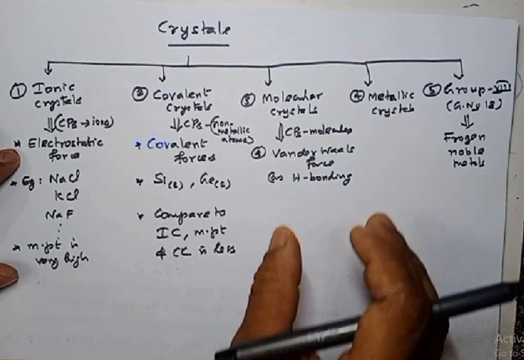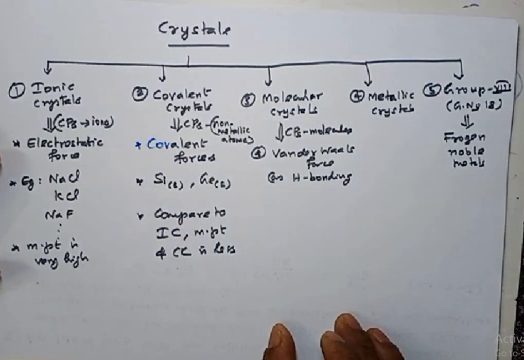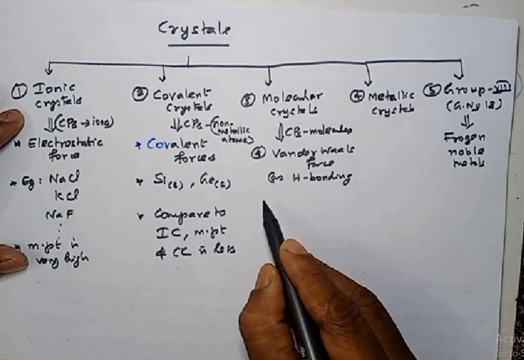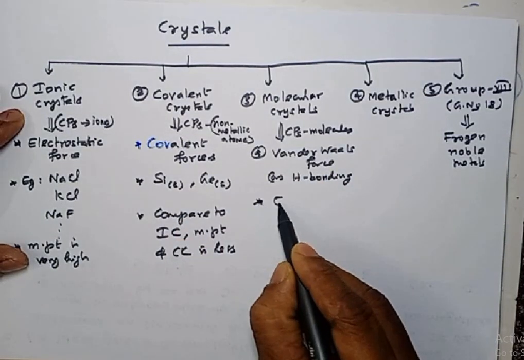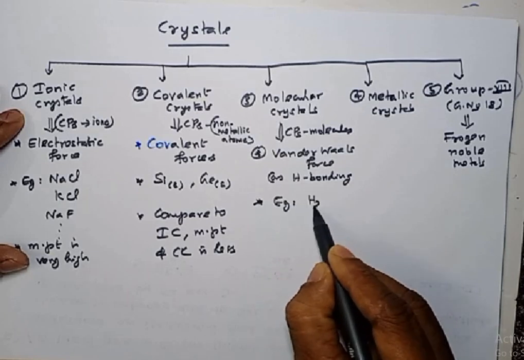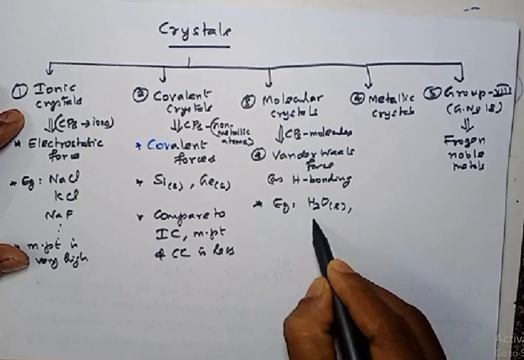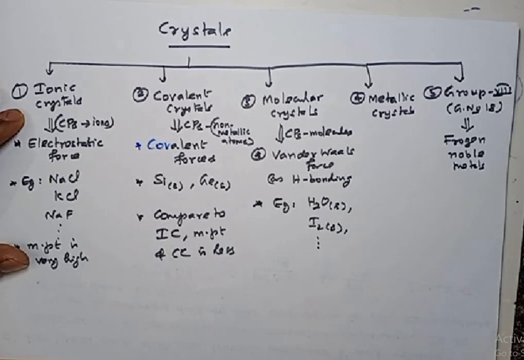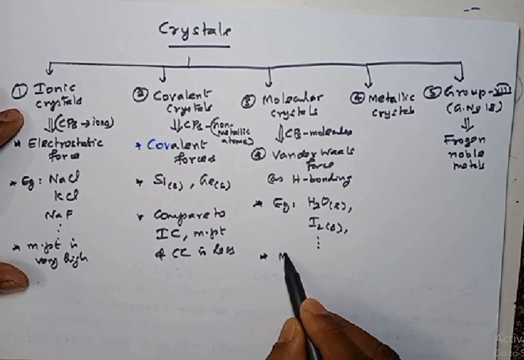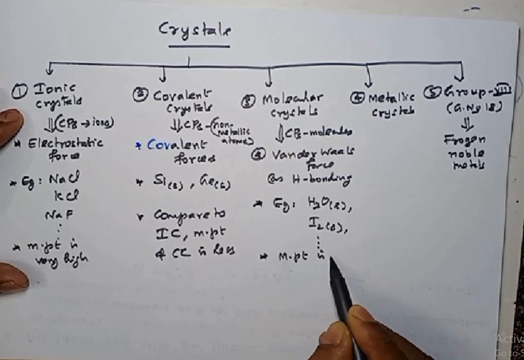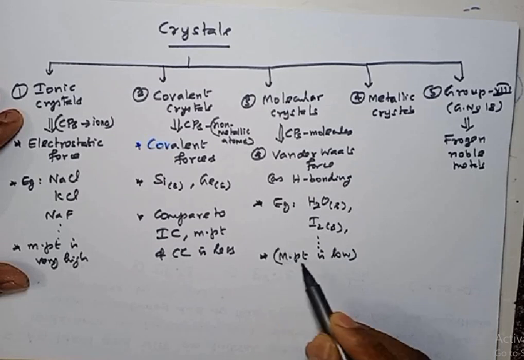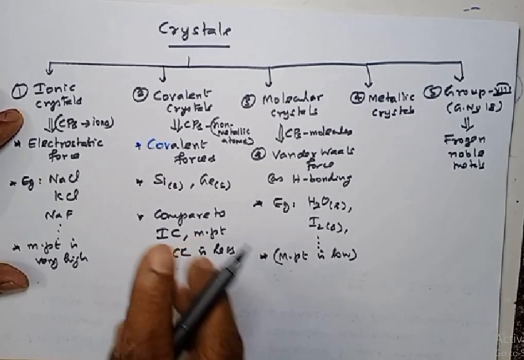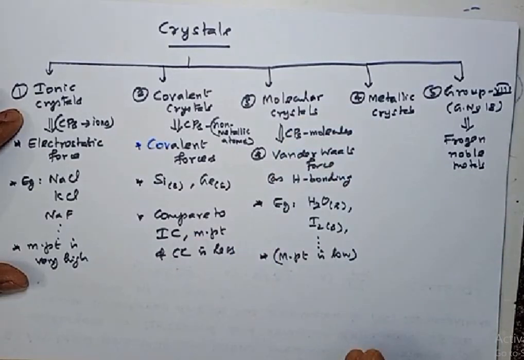Actually, we have plenty of examples, and I am giving you only a few here: H2O solid, that is ice, and iodine crystals. And what about their melting point? The melting point is low compared to covalent crystals. These molecular crystals have a low melting point.